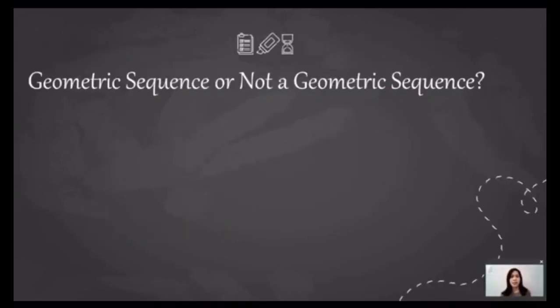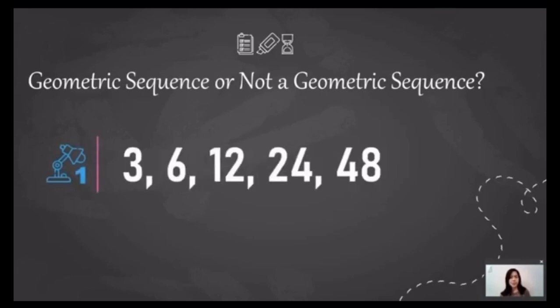Okay, given a sequence, let's identify if it's a geometric sequence or not a geometric sequence. Example number 1, we have 3, 6, 12, 24, 48. Let's first consider the first term and then the second term. Now, how do we get 6 from 3? We multiply 3 and 2. So 3 times 2, we have 6.